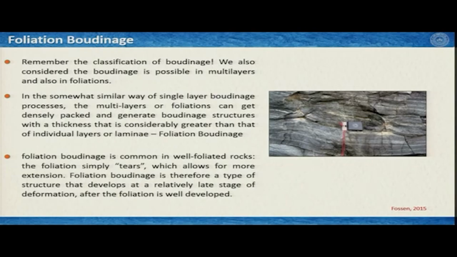So, for simple single layer Boudinage processes, we understood that it requires a competence contrast between the Boudinage layer and the layers outside. But when you have a foliation like this or multi-layers like this, there is apparently no competence contrast. It is almost a continuous layer with very high and strong anisotropy.